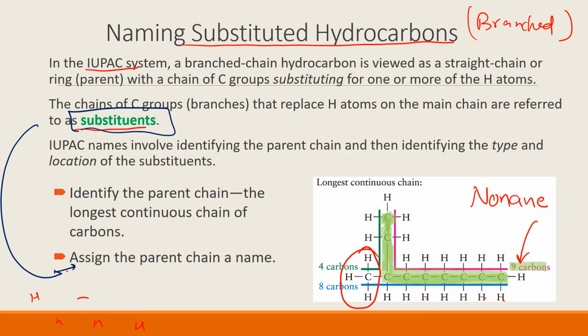Okay, so now we know the name of our parent chain. Next part is to figure out what the substituent is and how to incorporate the name of the substituent in our parent chain name.